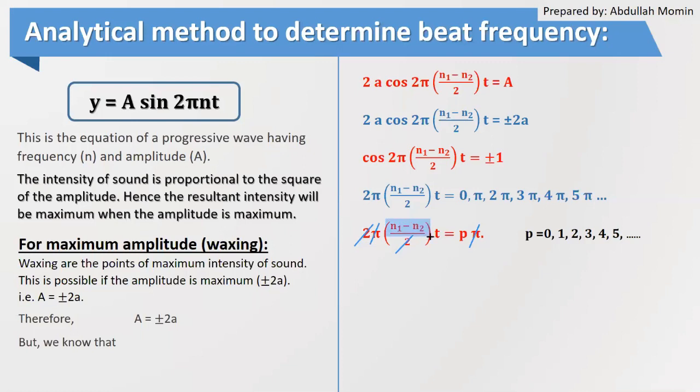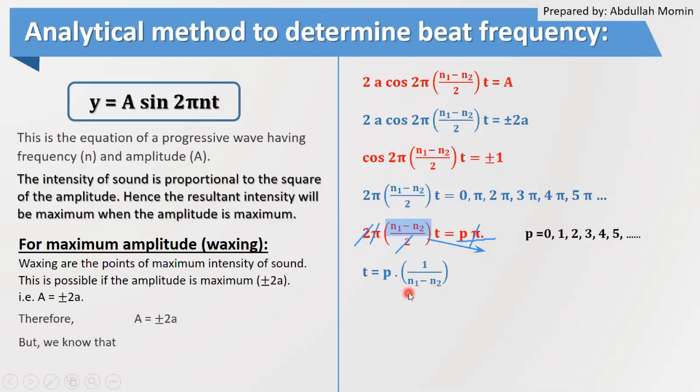This term n1 minus n2 is in multiplication with t, so we take it to the other side of the equation and it becomes division with p. So in the next step, we get t is equal to p into 1 upon (n1 − n2).